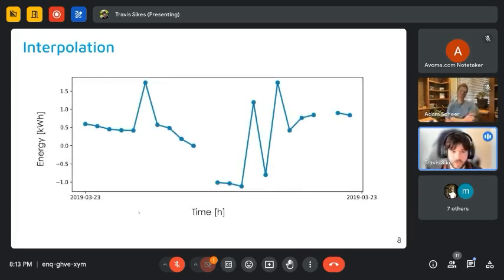Just to give you an example of what I'm talking about here, I am showing one day with energy consumed on the y-axis, and I have two missing data points here, both of which need to be filled in, because otherwise, if you were to input this into the new hourly model, it would break.